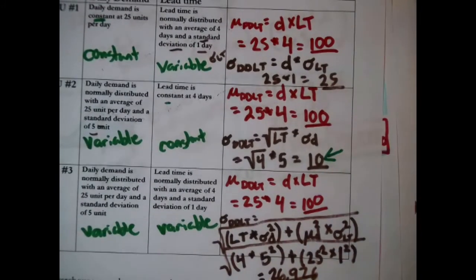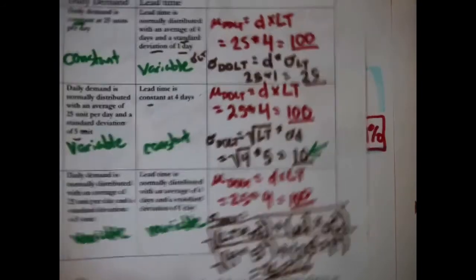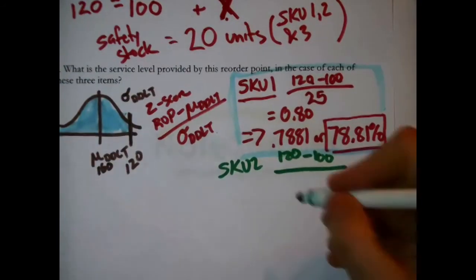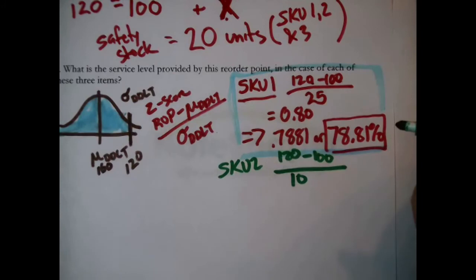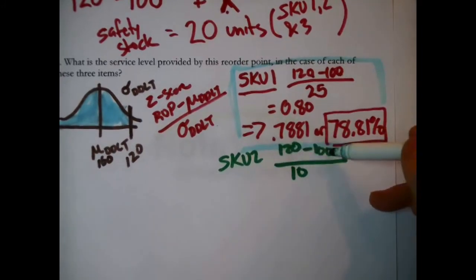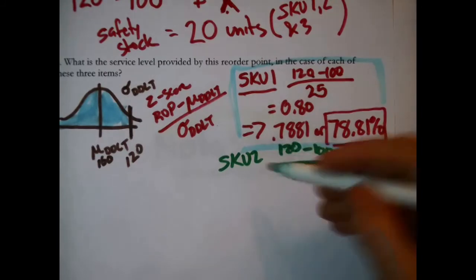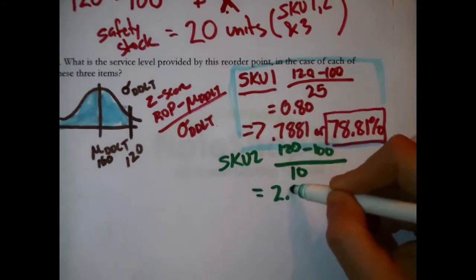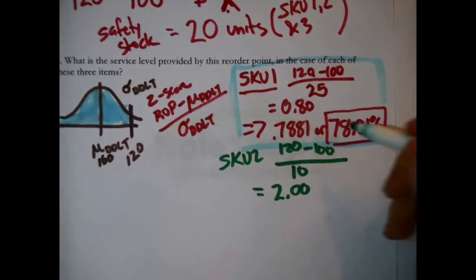In the case of SKU2, it was 10. That's the number that I need. So the z-score for SKU2 just turns into 20 divided by 10, it's just 2. It's flat out 2. Yes, that's fine.